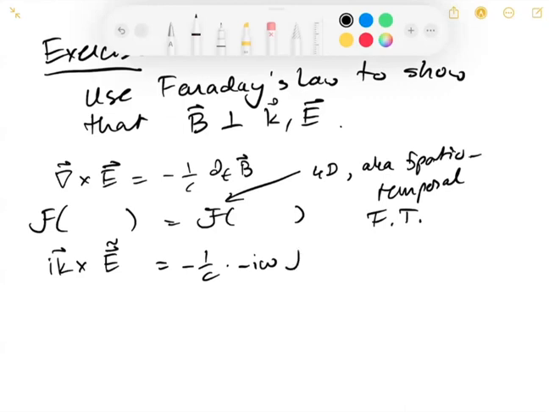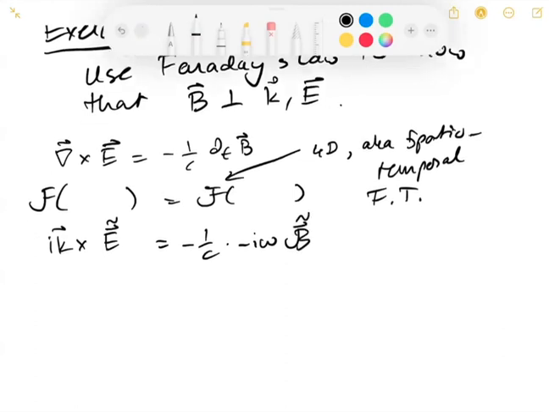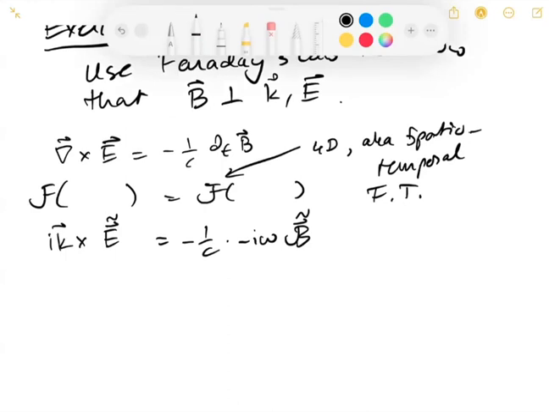And then we are left with the Fourier transform of B. Now, throw these away, we have here also the i. Okay, there we go. So k cross E is ω over c B.